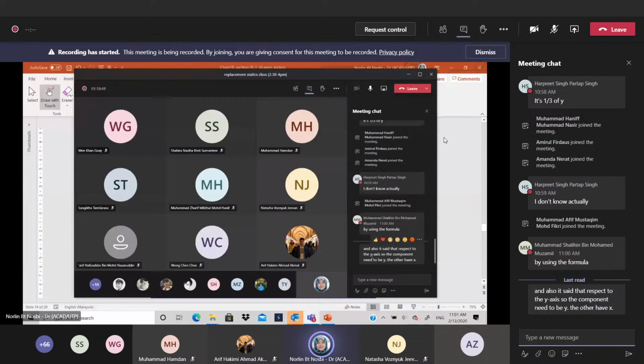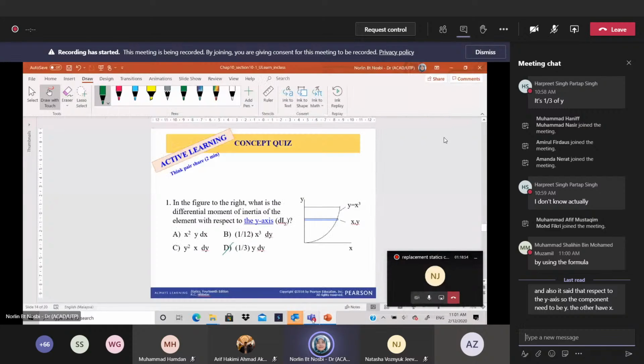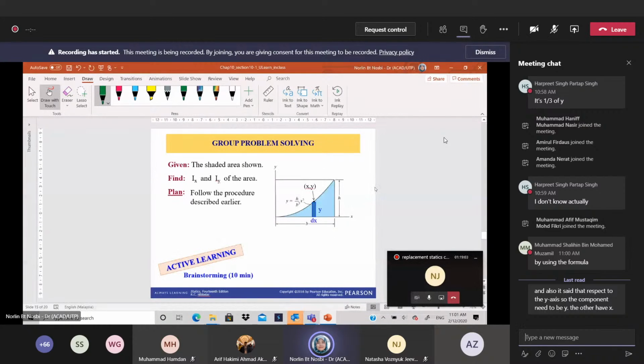Now let us do another example. I will give you 10 minutes. You all try to solve this question. Okay, this curve has y equal h over b power of 3 x power of 3.